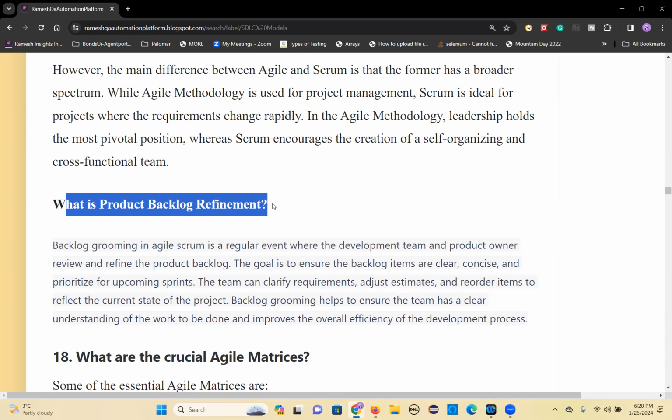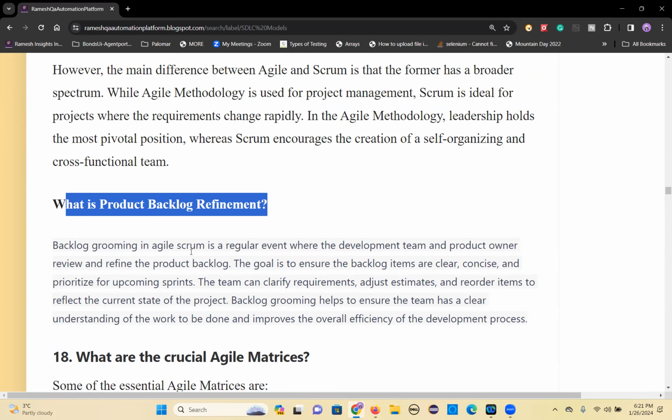Backlog grooming in the Agile process is a regular event where the development team and product owner review the user stories. Whichever user story is missing some details or documentation, such as missing points, will be included by discussing with the different team members.